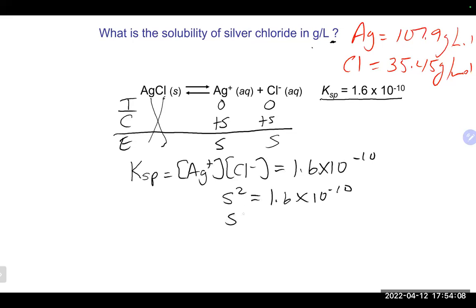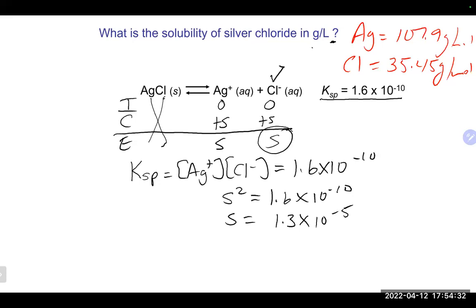Do a little square root action of both sides there, gives us a number which, looks like we'll call it 1.3 times 10 to the minus 5. This would be the molar solubility, would be S, right?